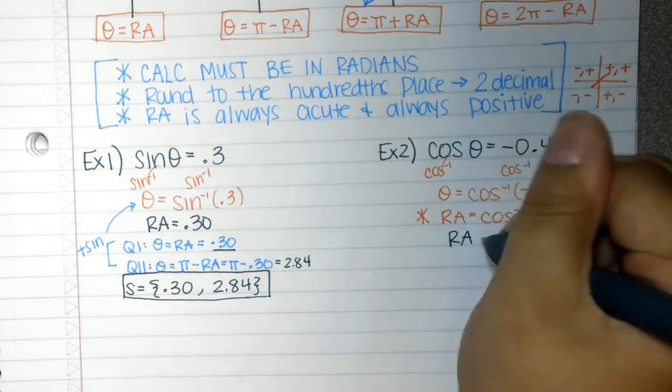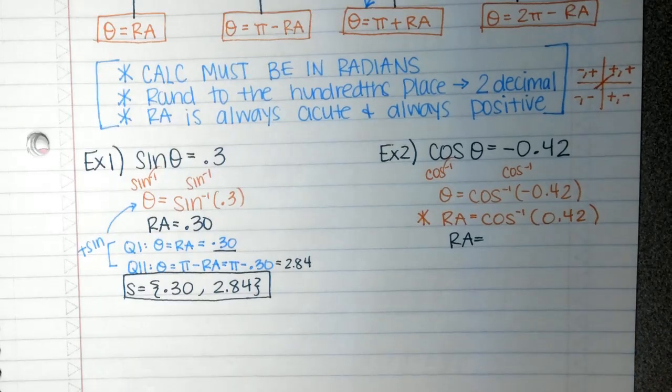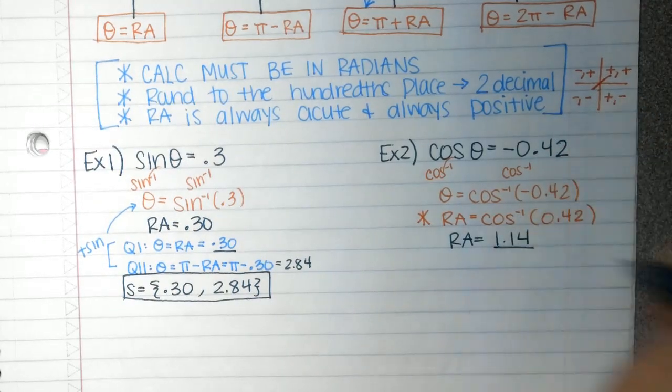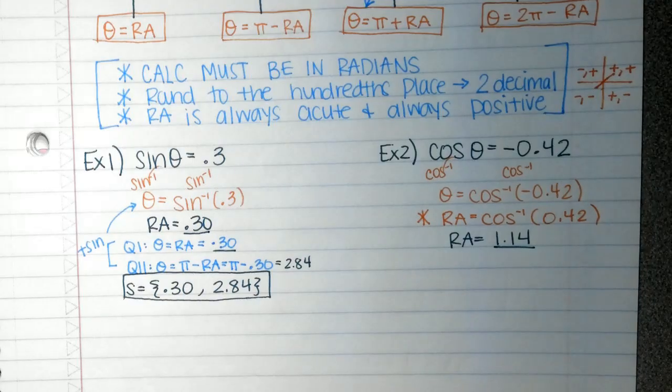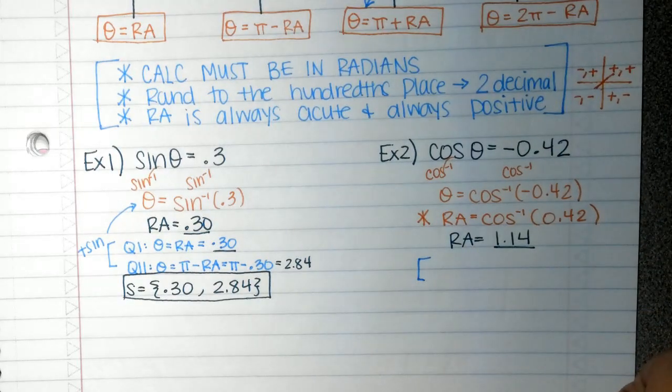Put that in the calculator with a positive. Don't put the negative. What do you get when you put that in the calculator with a positive? 0.42. 1.14. That is your RA. Now, what quadrants am I in? Why 1 and 2? Ooh, not 1 and 2. Not 1 and 4.